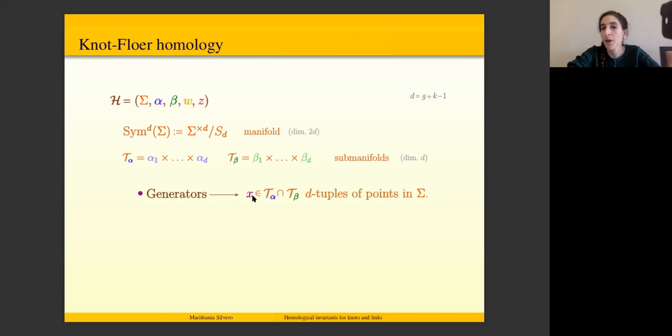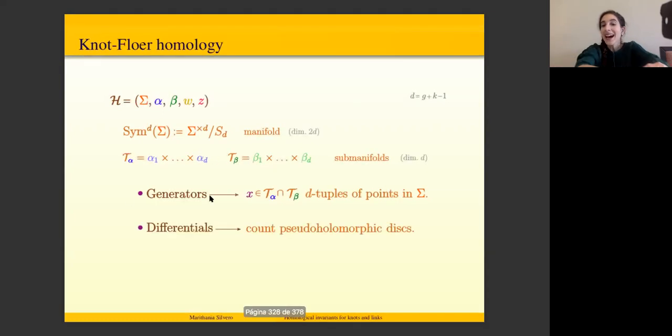Meaning the tuples are such that each coordinate is in one alpha curve and one beta curve, the intersection points of those families of curves. These are going to be the generators. And for the differentials, what we need to do is to count pseudo-holomorphic disks, which are defined in some way by those generators.